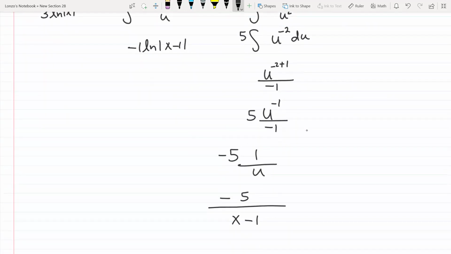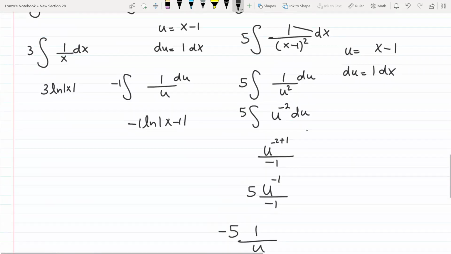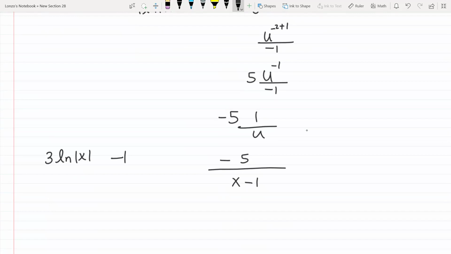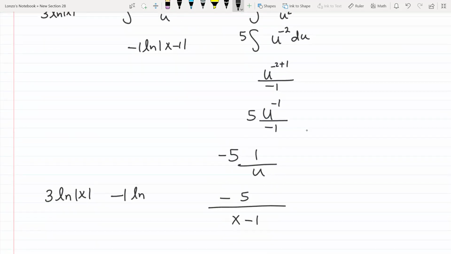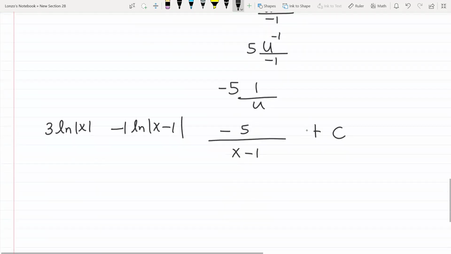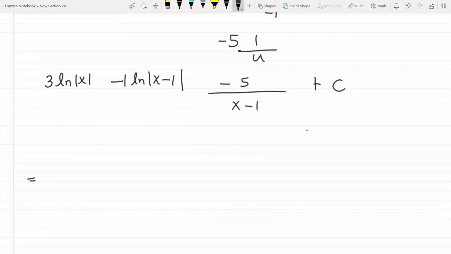And then this is going to be 3 ln of absolute value of x minus 1, and then plus c. Here, let me write it out myself.